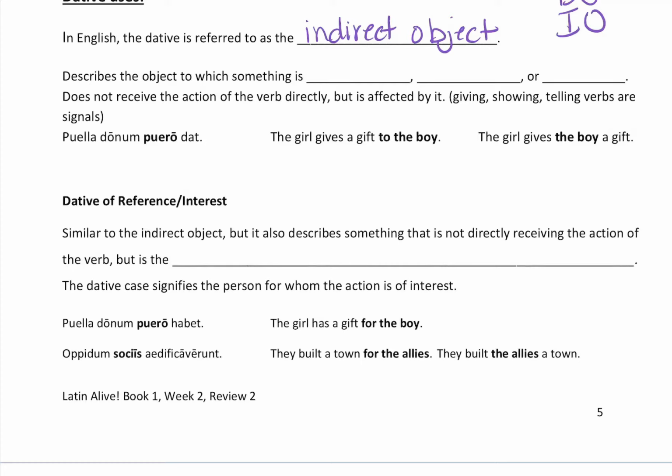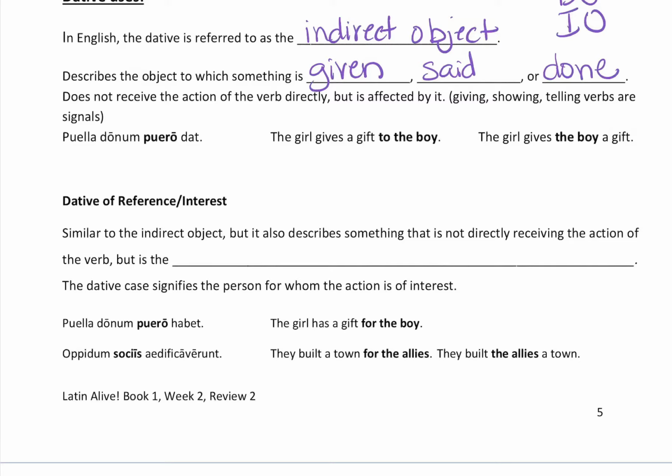In Latin, that's the dative. Now it describes the object to which something is given, said, or done. And it does not receive the action of the verb directly, but it's affected by it. Remember we talked about in the very beginning, giving, showing, and telling verbs are signals that there's going to be an indirect object or the dative.